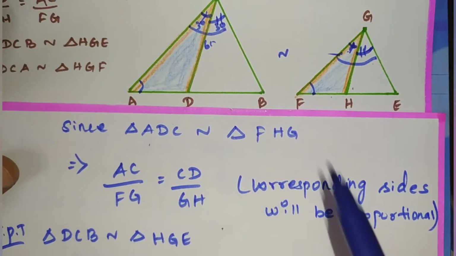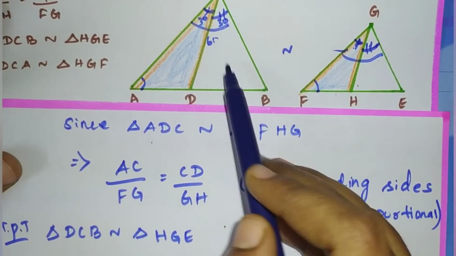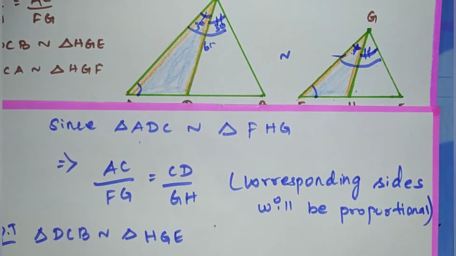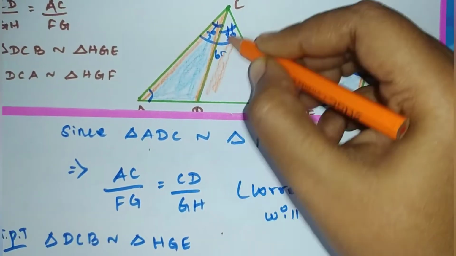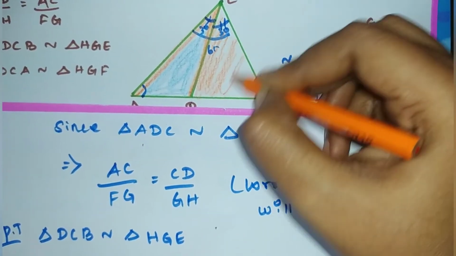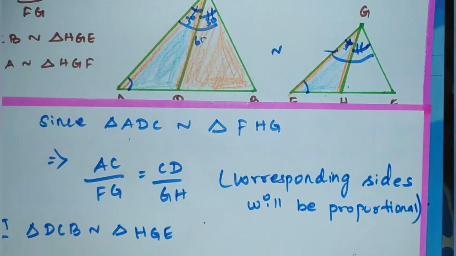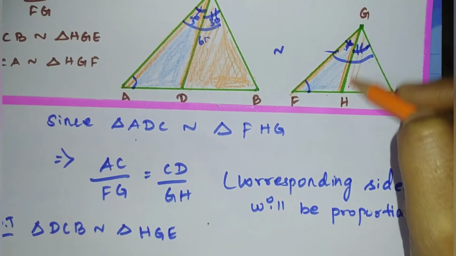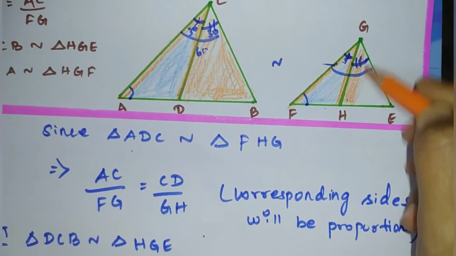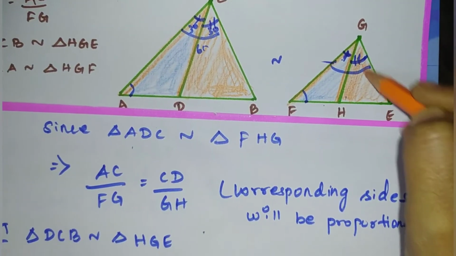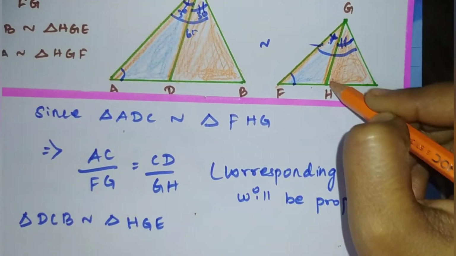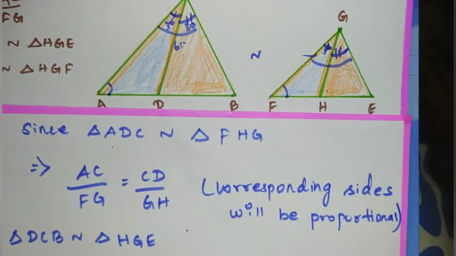What are the two triangles? See here, DCB, this portion, this triangle, and HGE, this triangle. So, how we can prove this?